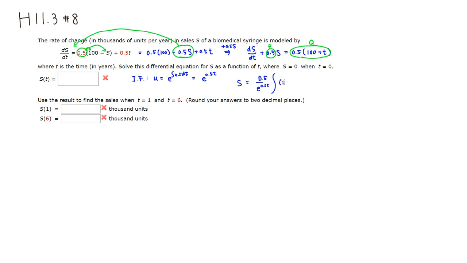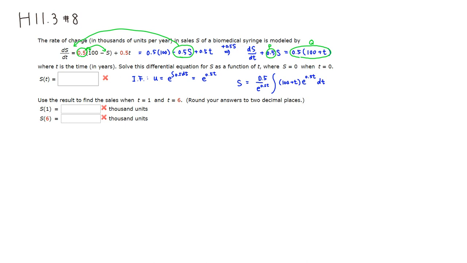So you have 100 plus t times the integrating factor, e to the 0.5 t, with respect to t.